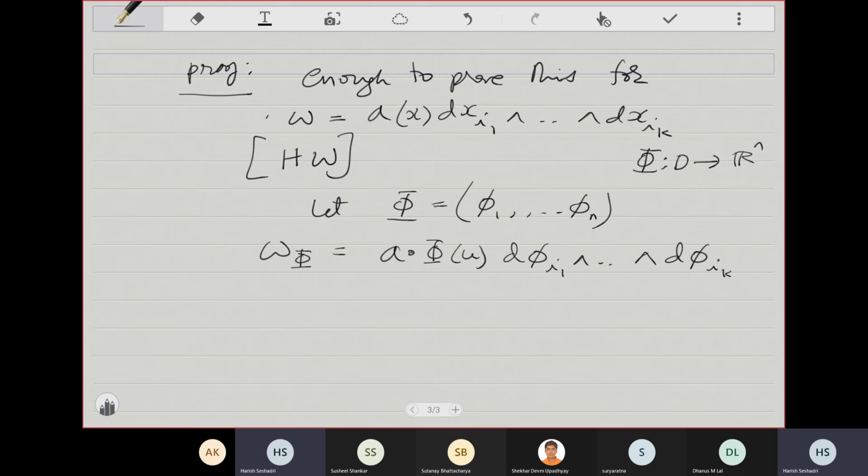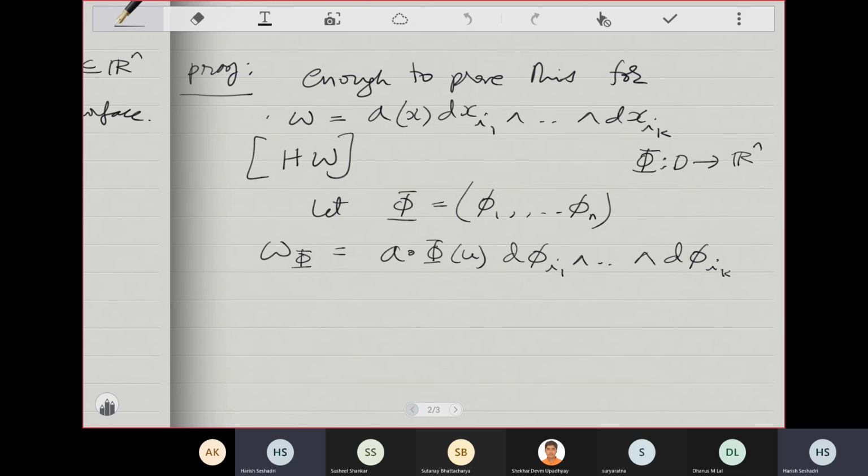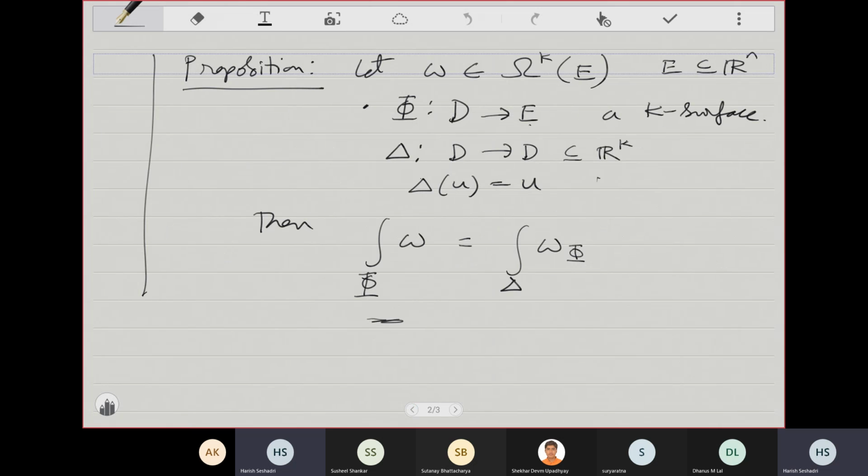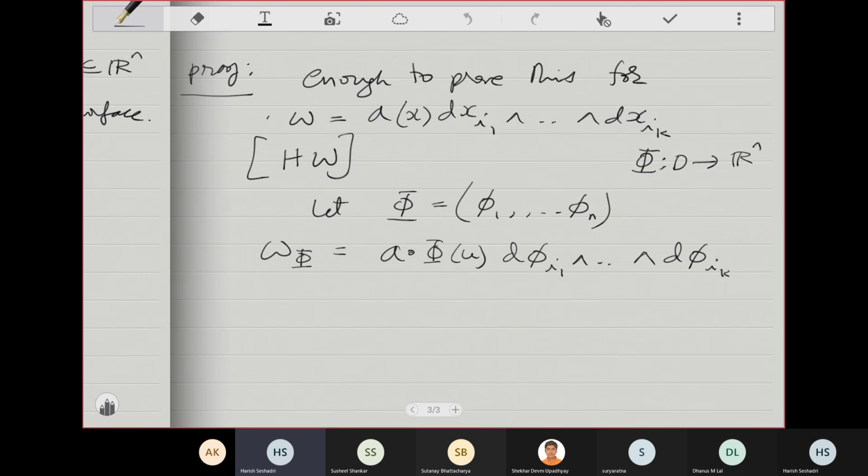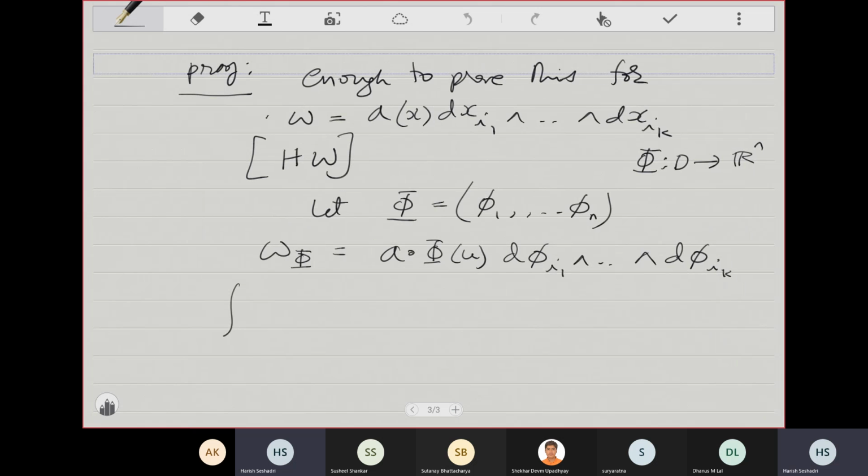Okay, so with this in hand, let's see this left hand side. What is this? Omega over phi. Well, this is by definition the integral over D of omega phi.